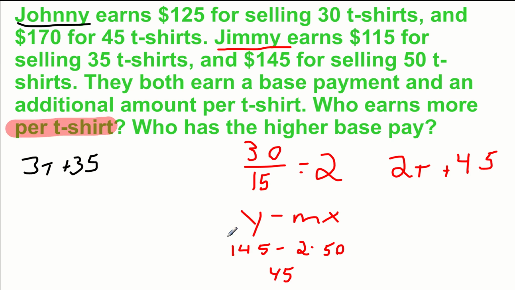Per is your slope. So this one was Johnny. This one was Jimmy. 3 is more than 2. Occasionally, they'll ask you also by how much. Then you would just subtract, and basically it'd be Johnny by 1. Okay?